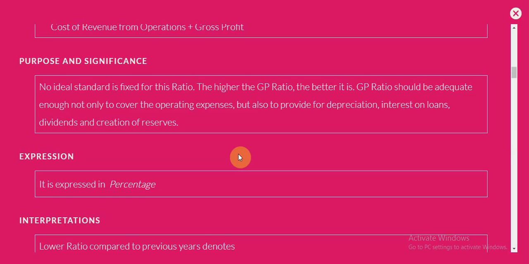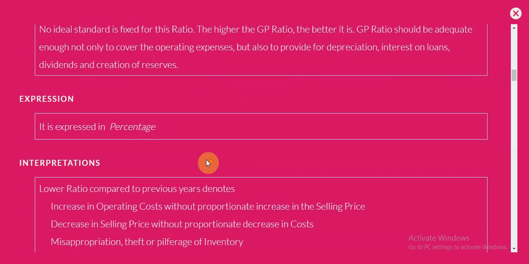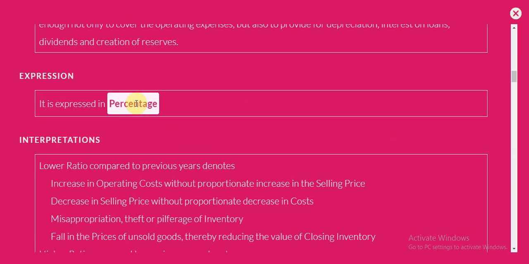They will not be left with any profit. So that should not be the case. You should have adequate profits to cover all the expenses of your business. And the GP ratio is expressed in percentage. That is why in the formula itself we had GP by revenue from operations into 100.